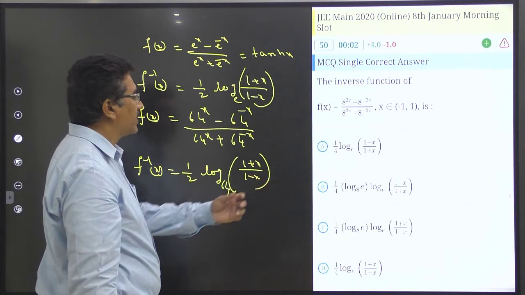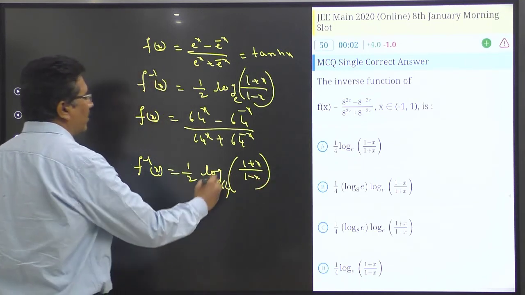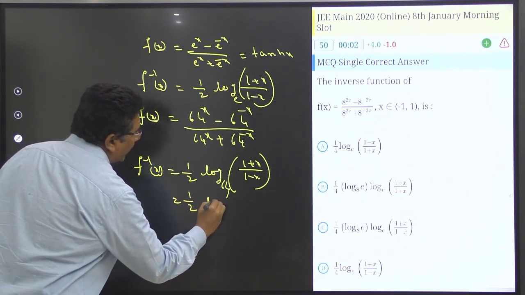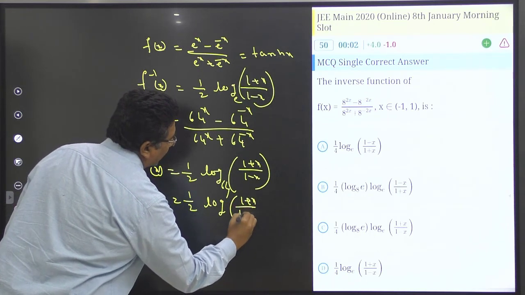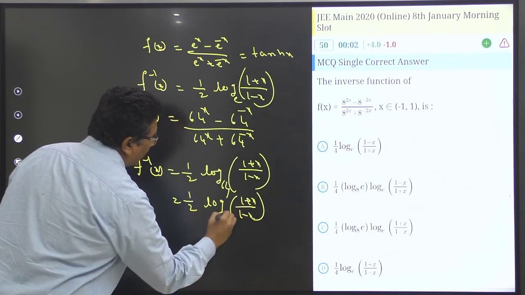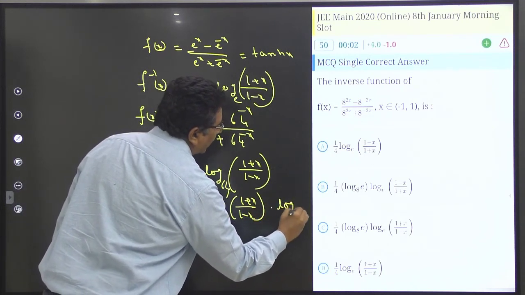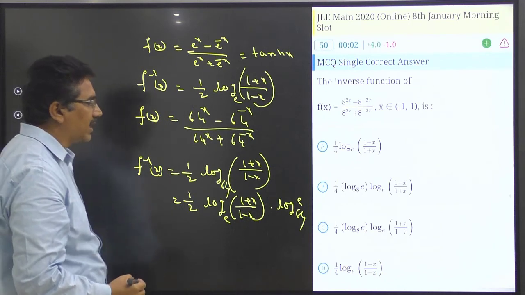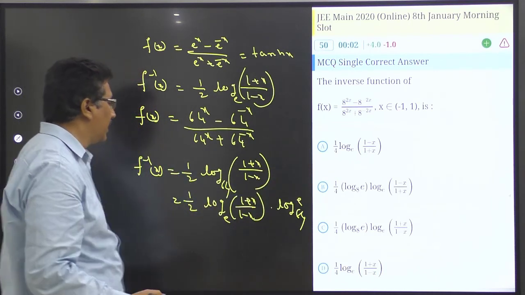But this is not present in the options. So we can write, by the logarithm property, 1 by 2 logarithm of 1 plus x by 1 minus x to the base e into log e base 64. This is also not present in the options.